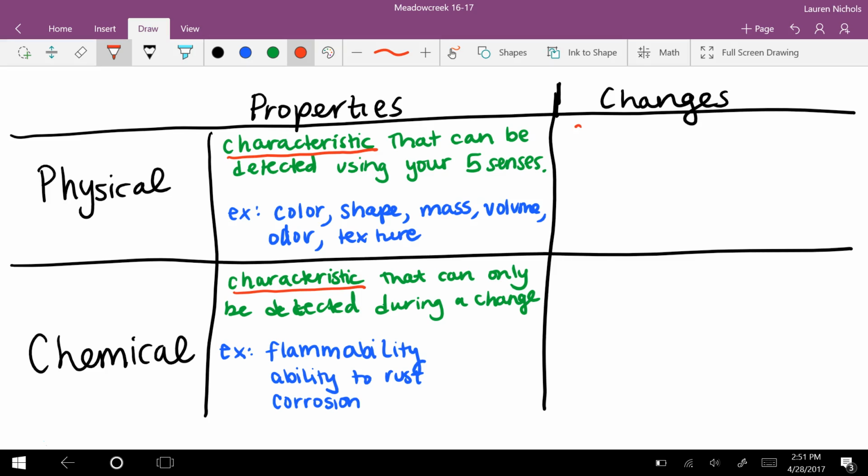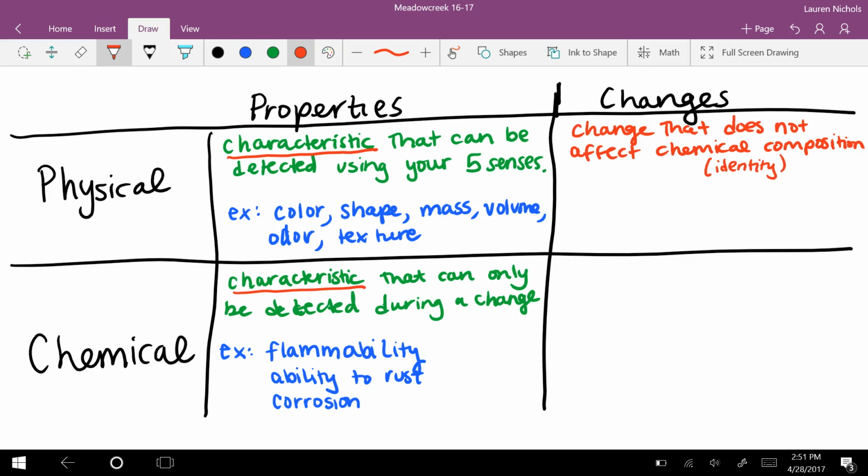Well, a physical change is a change that does not affect the chemical composition. And you're like, Ms. Nichols, what does chemical composition mean? You're using these big fancy science words. Well, the chemical composition is essentially the identity.